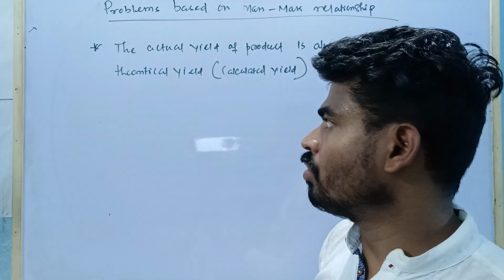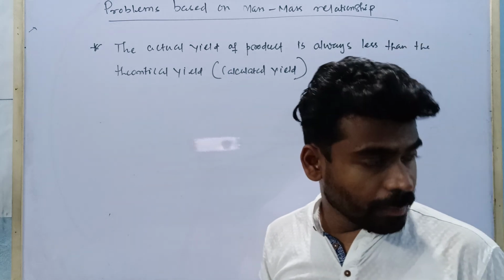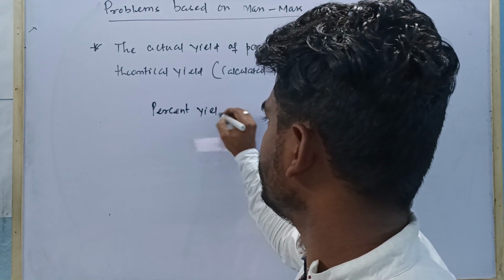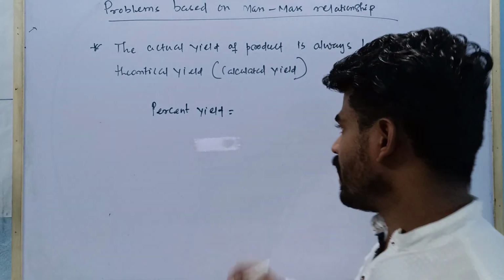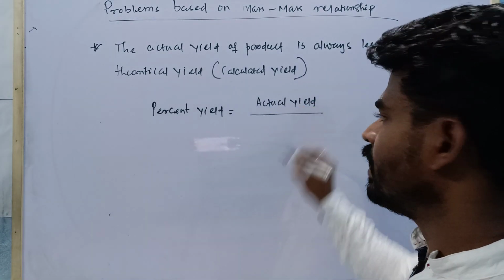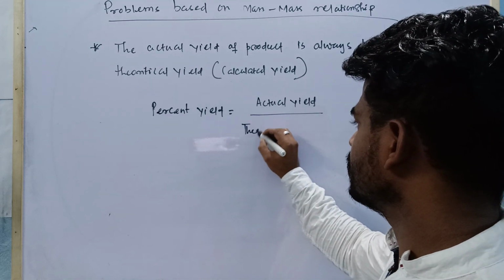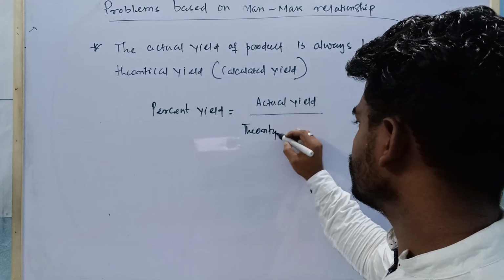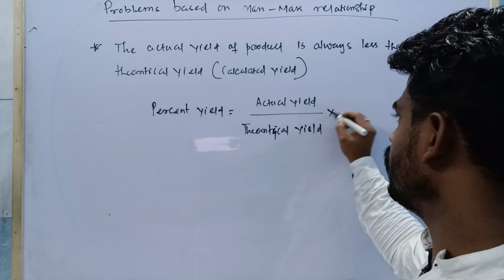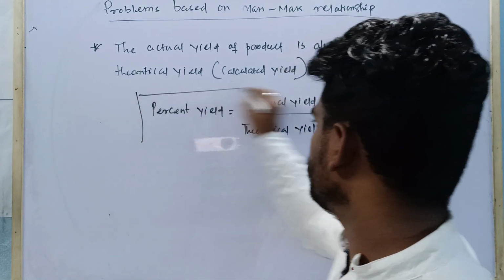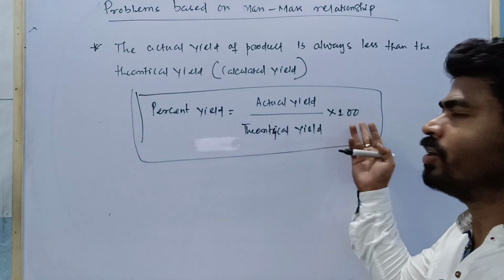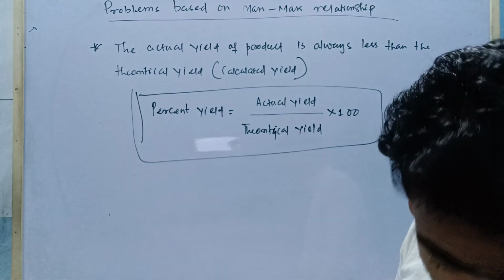So percent yield is equal to actual yield, or experimental yield, divided by theoretical yield, into 100. Clear?